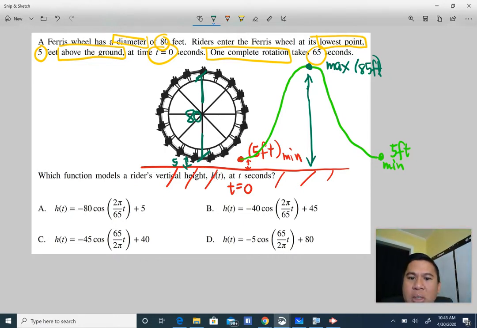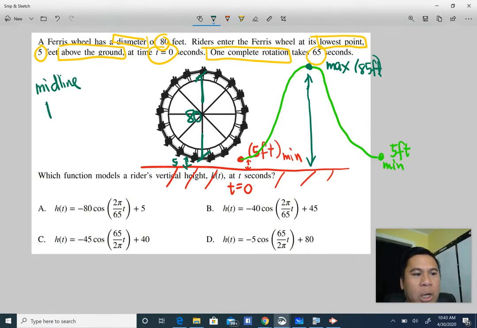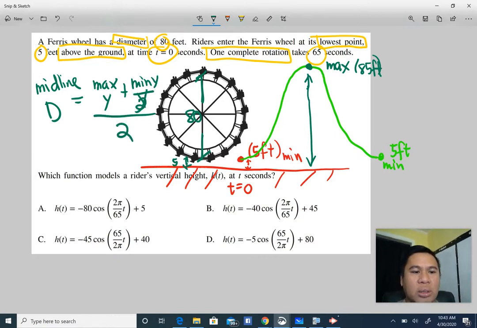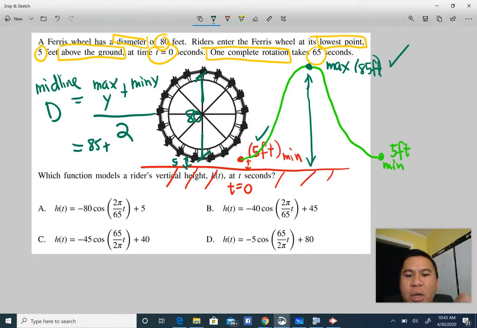With that being said, we can now proceed to get our midline, or our D value. That will be equivalent to the maximum y plus the minimum y all over 2. The maximum y value is 85 feet plus the minimum y value is 5 feet, all over 2.